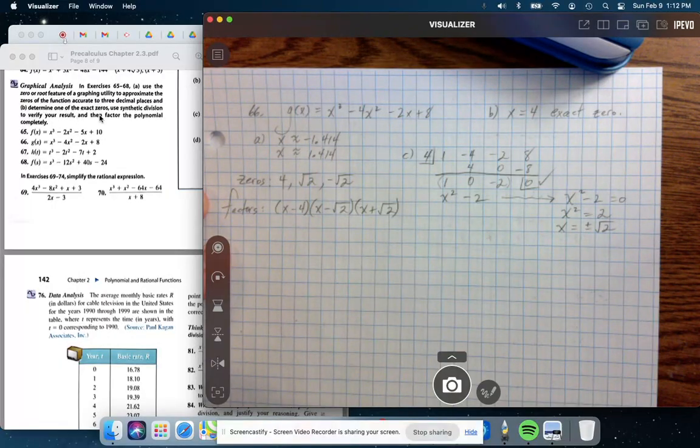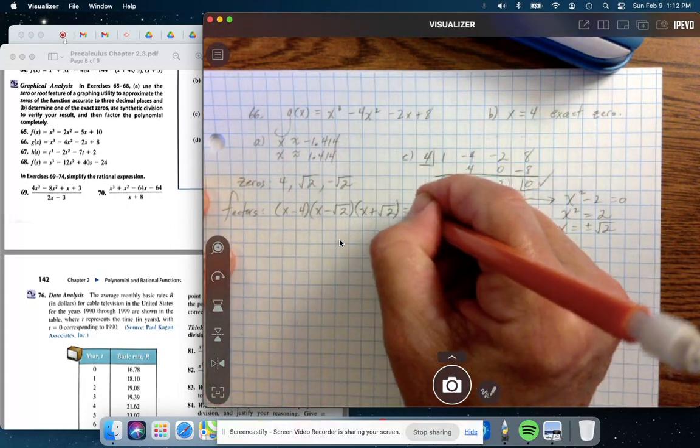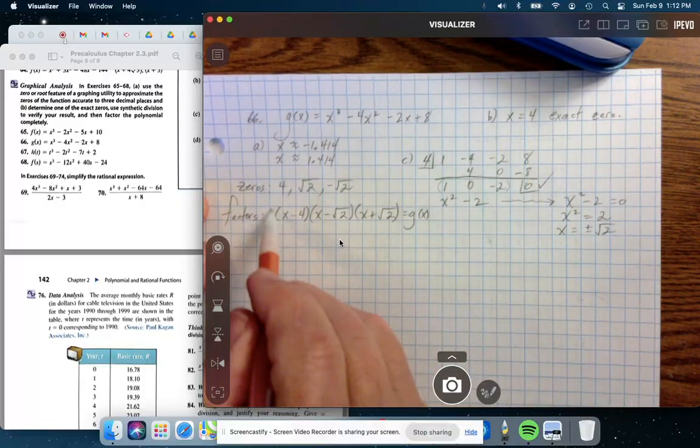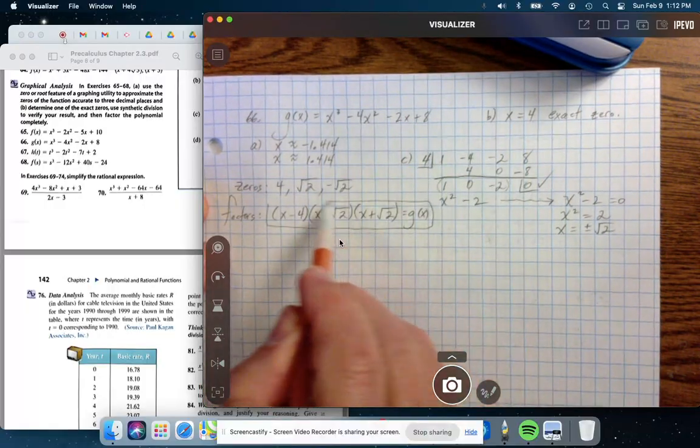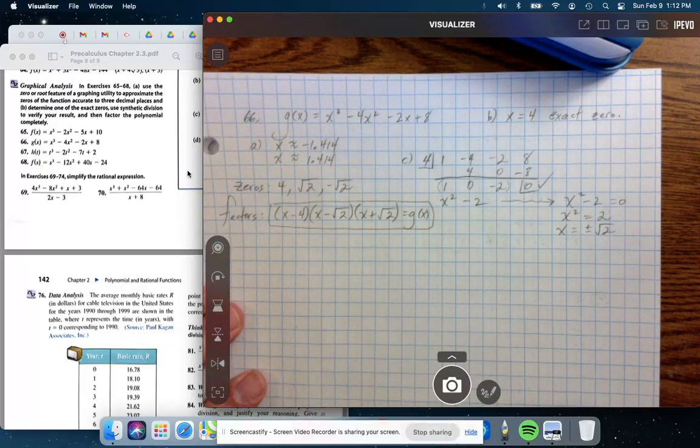So verify your result and then factor the polynomial completely. Did it. And this is, I guess, technically equal to g of x, right? Because that was the name of the original function, g of x. All right, so that's how you work this set.